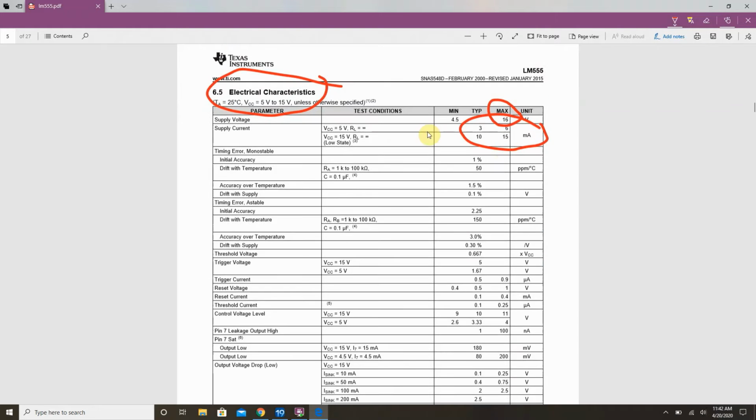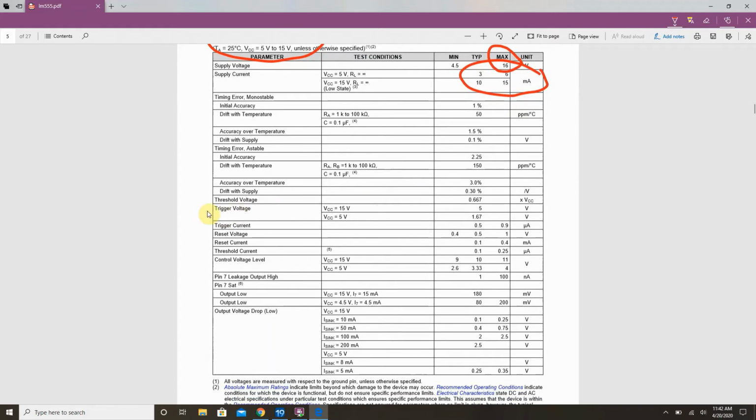Our output, or the current that we want to supply, is going to be enough to light an LED, and we know what our LED maximum and minimums are, or at least you should. A couple other important things, the trigger voltage and the trigger current. Okay, when you do a monostable, we have to understand what those limits are, because we're going to be developing a circuit to turn that trigger on and off. And then our resets.